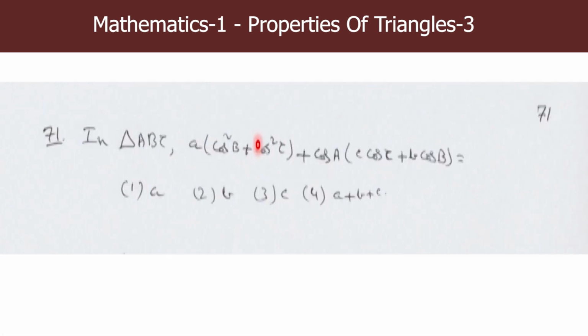71. In triangle ABC, a into (cos² B plus cos² C) plus cos A into (c cos C plus b cos B) is equal to: option 1 a, 2 b, 3 c, 4 a plus b plus c.